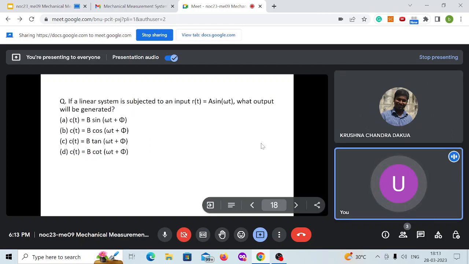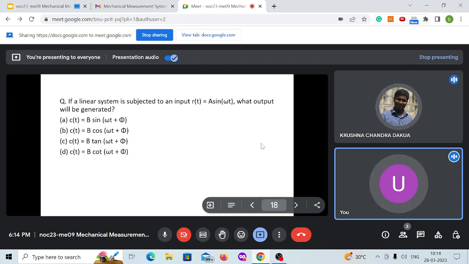Moving on to the next, if a linear system is subjected to an input r(t) equals A sine omega t, what output will be generated? A, B sine omega t plus phi. B, B cos omega t plus phi. C, B tan omega t plus phi. D, B cot omega t plus phi.